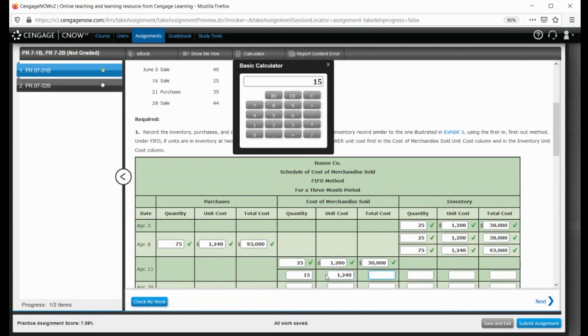So what I have to do is multiply this 15 units by the 1240 to get the total cost of those units. So if I multiply 15 times 1240, it's going to give me an amount of 18,600.